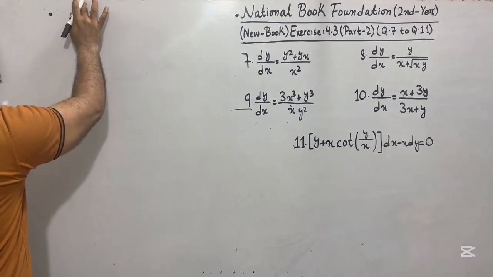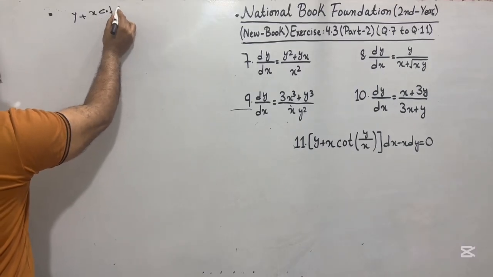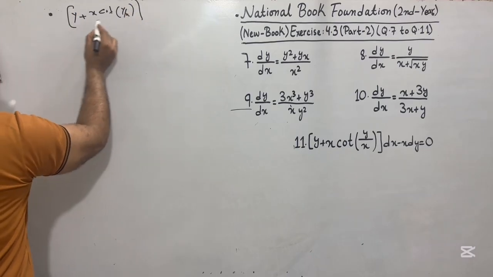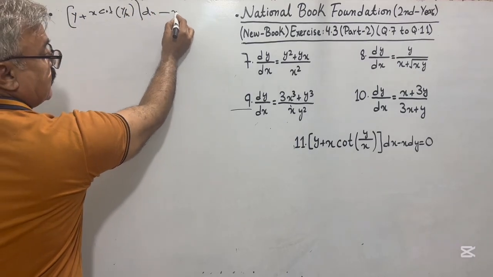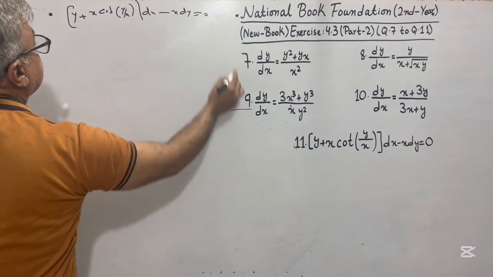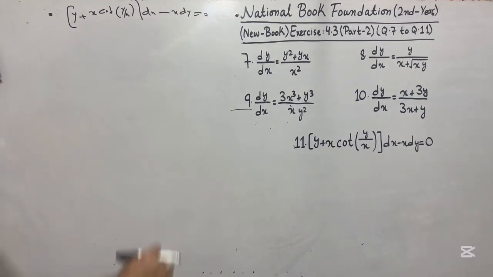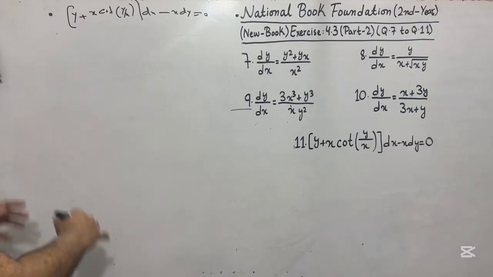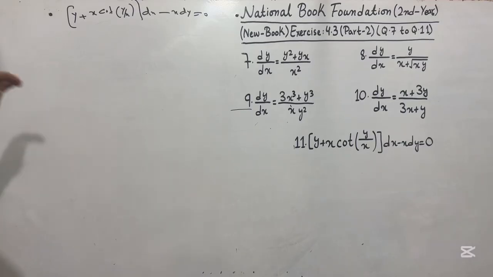y plus x times cot(y over x) times dx minus x dy is equal to 0. In all the previous 4 questions, we have the ratio dy over dx, the magical ratio dy over dx. Credit goes to Newton. Somebody said Leibniz as well.